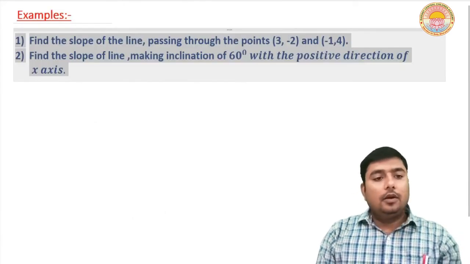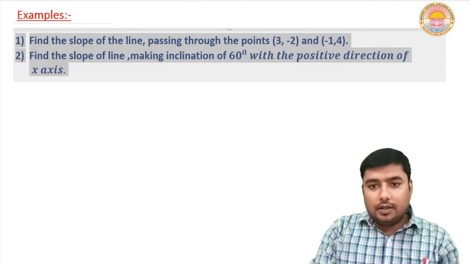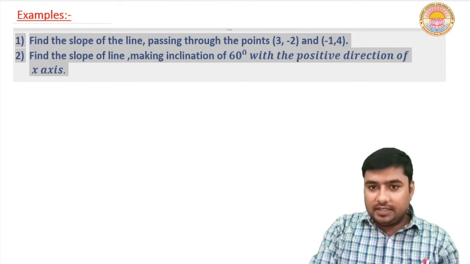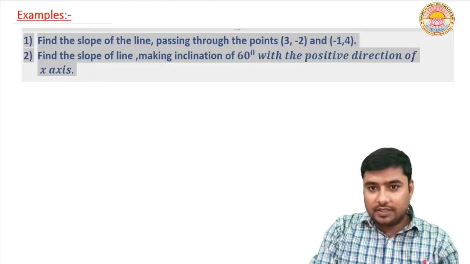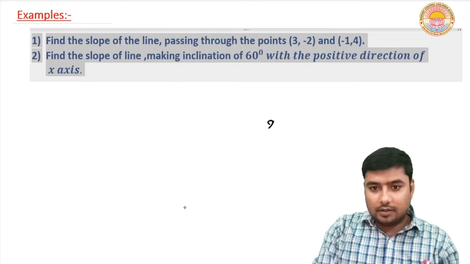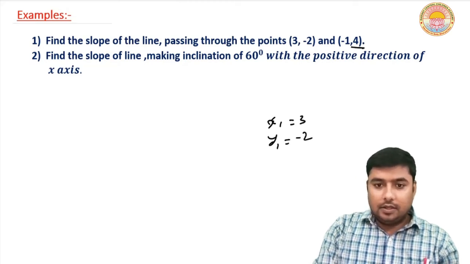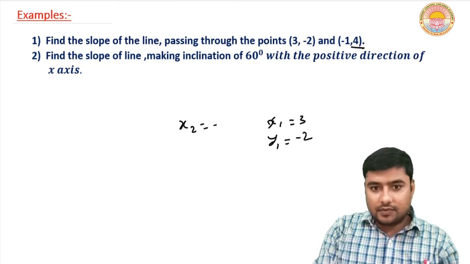Okay, now examples. First example: find the slope of the line passing through the points 3 comma minus 2 and minus 1 comma 4. Here x1 equals 3 and y1 equals minus 2, and x2 equals minus 1 and y2 equals 4.